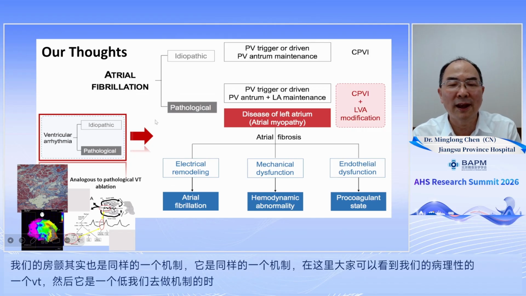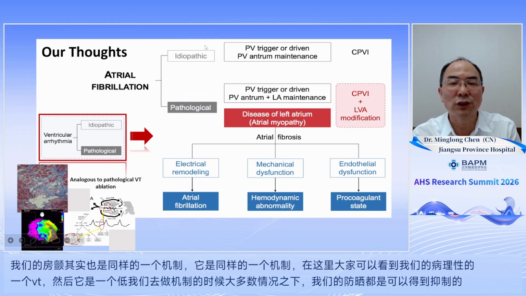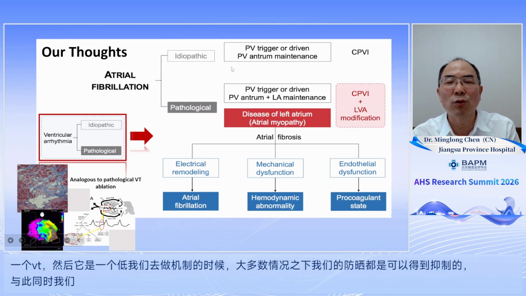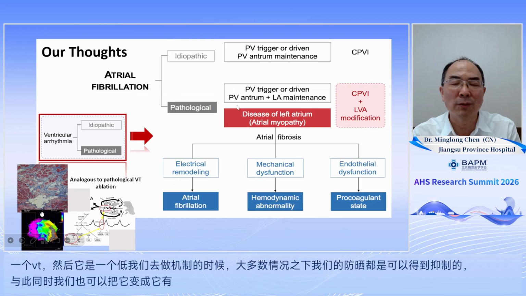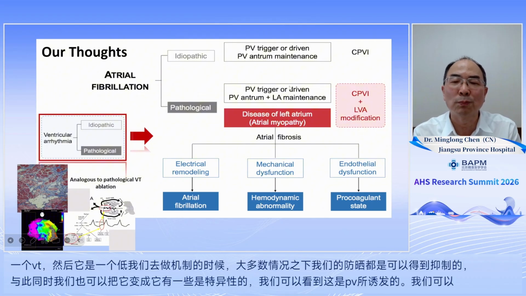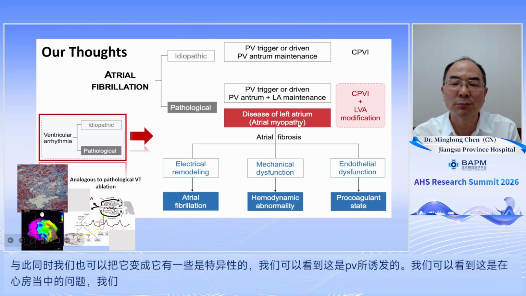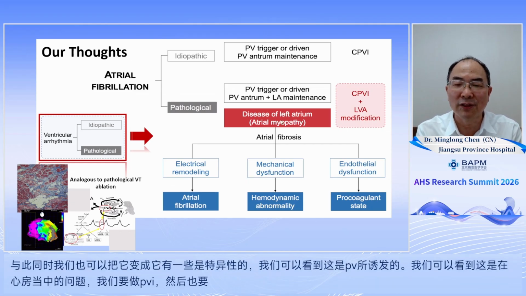For persistent AF, we can also classify it into idiopathic, which is only PV dependent, and pathologic, which involves the interplay between the PVs and the diseased left atrium. So we should do PV isolation plus substrate modification.